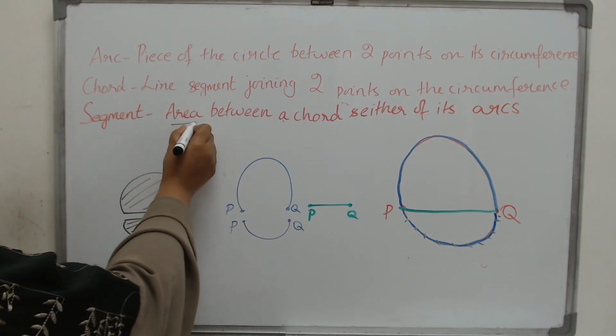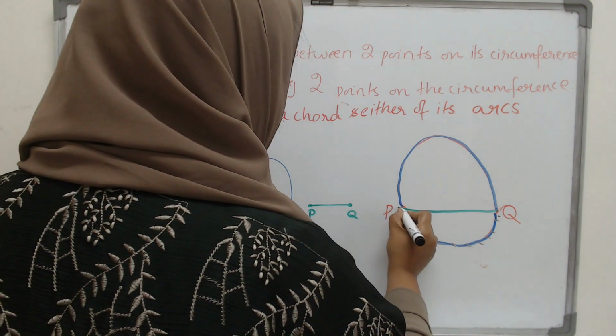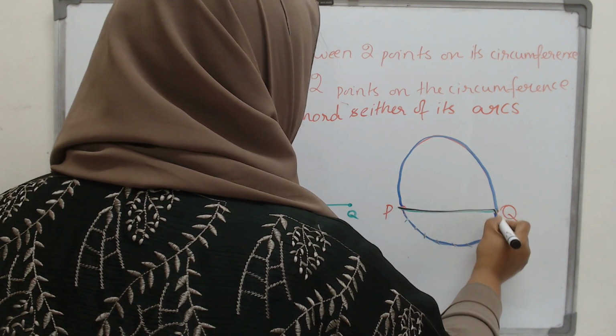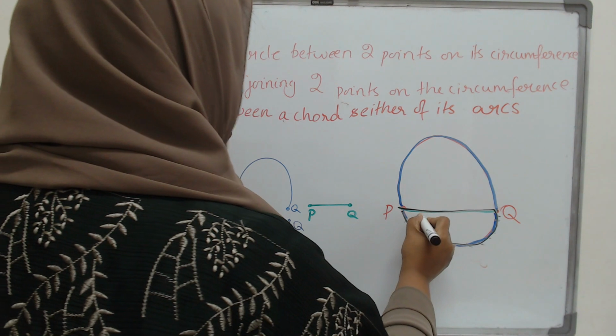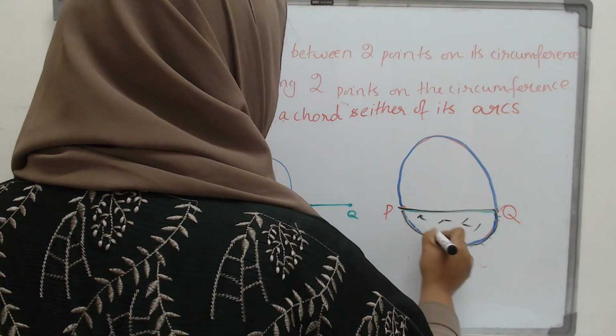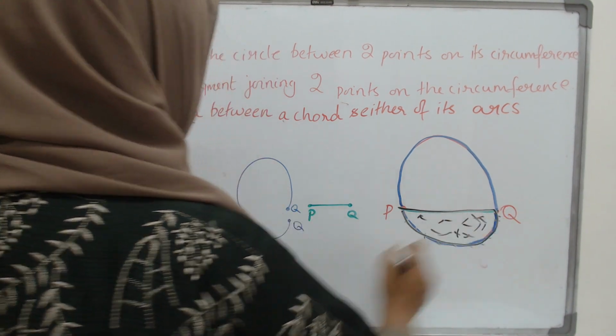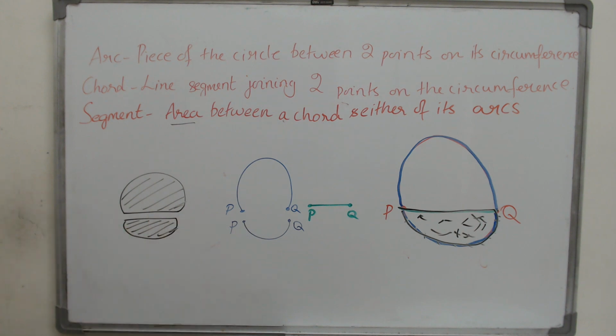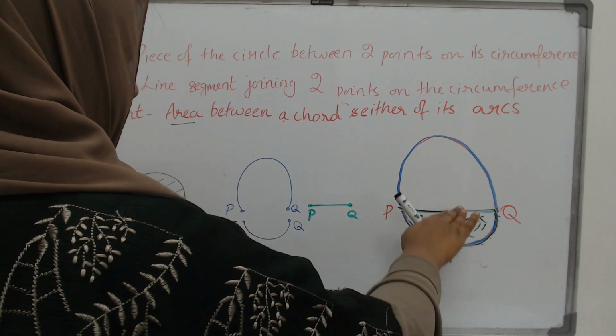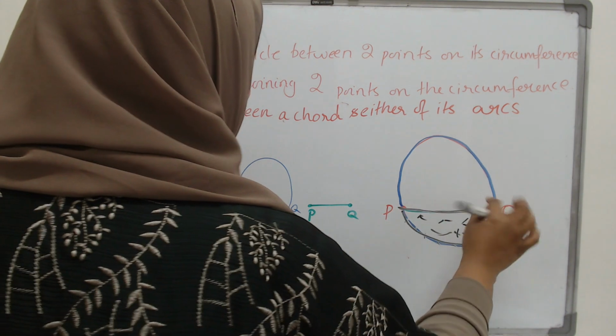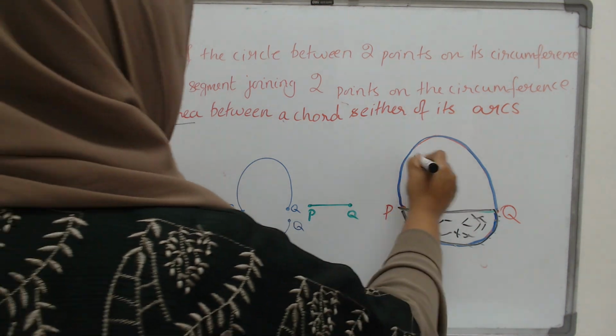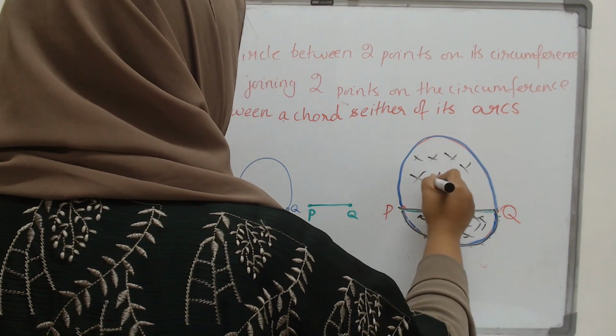Then what about the area between this chord and this arc? What about this area here? That is called your segment. Again, there are 2 segments. One segment is trapped between this chord and the minor arc. Another segment, this one, is trapped between what?